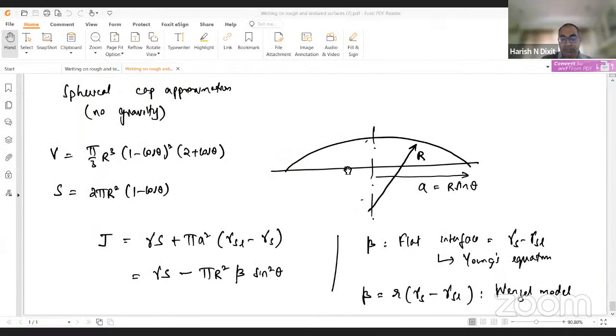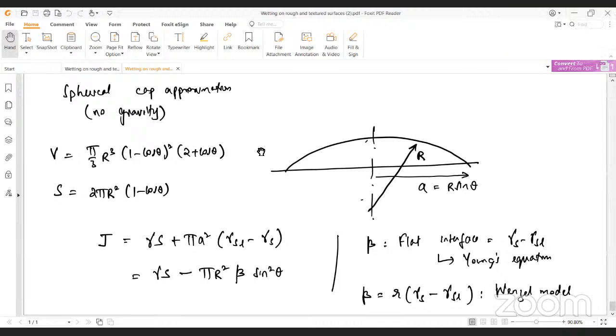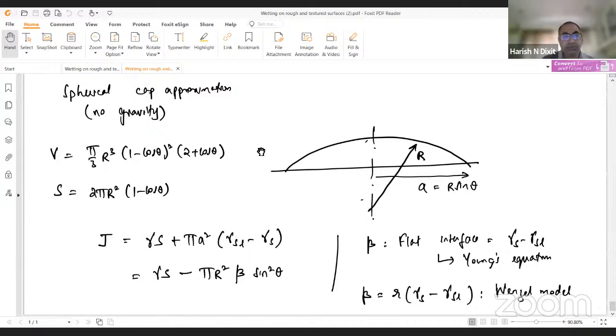Okay, so I'm just sharing the screen. You can take a look at it. So this is of course only a special case, referred to as the spherical cap approximation.